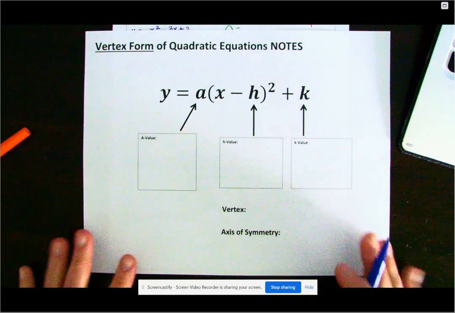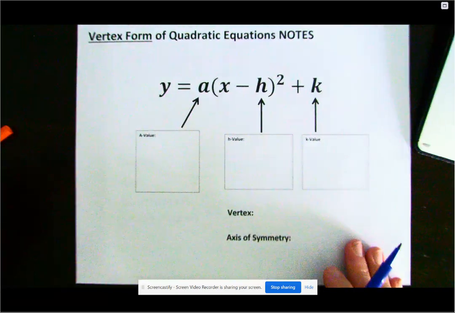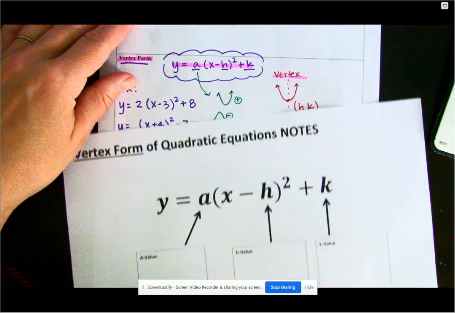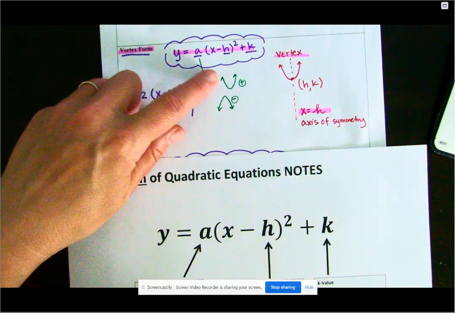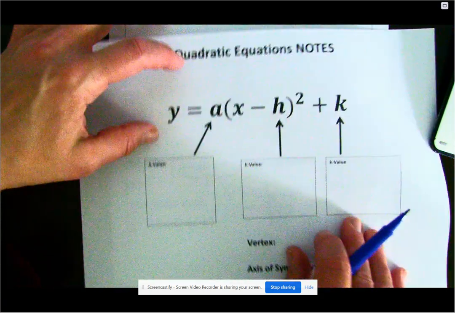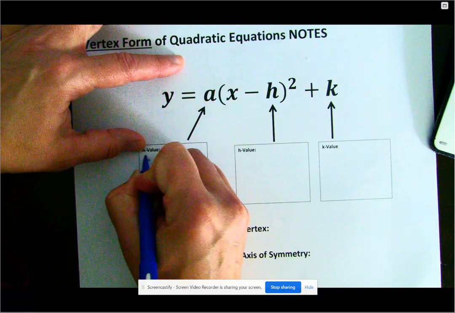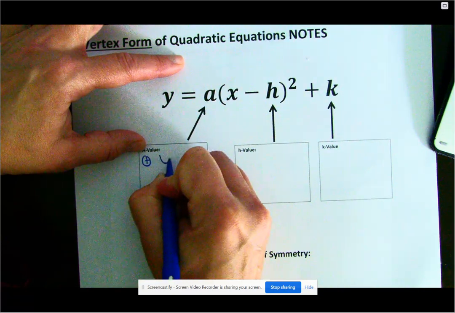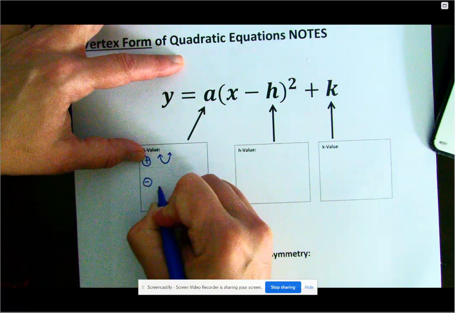Okay, so we know the a value, and we talked about this just briefly with the notes last week. The a value in vertex form tells you if it goes up or down, and it also has something to do with the width. If a is positive, it opens up. If it's negative, it opens down.